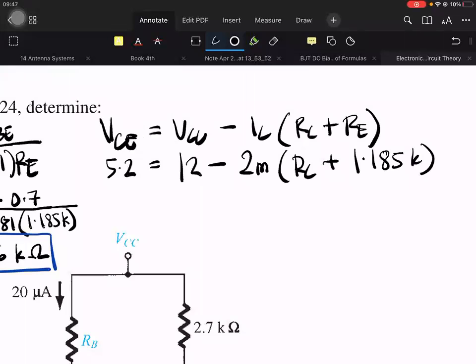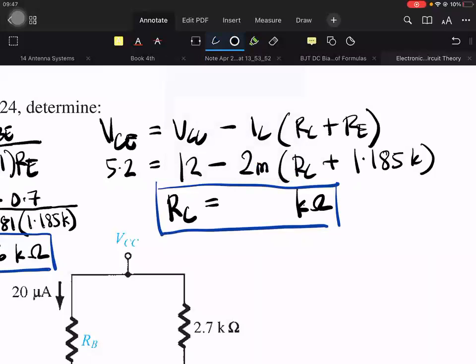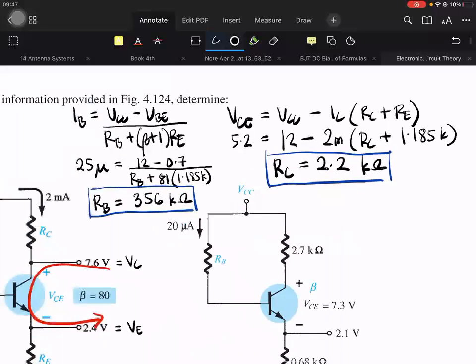So we can solve for RC. It is more or less 2.2K, 2.215. 2.2K, final answer.